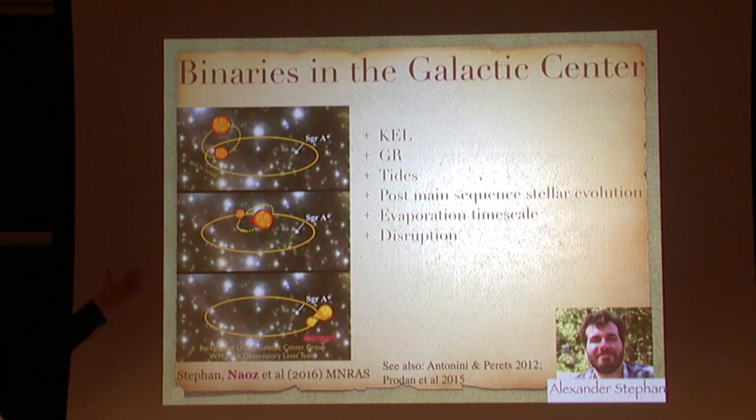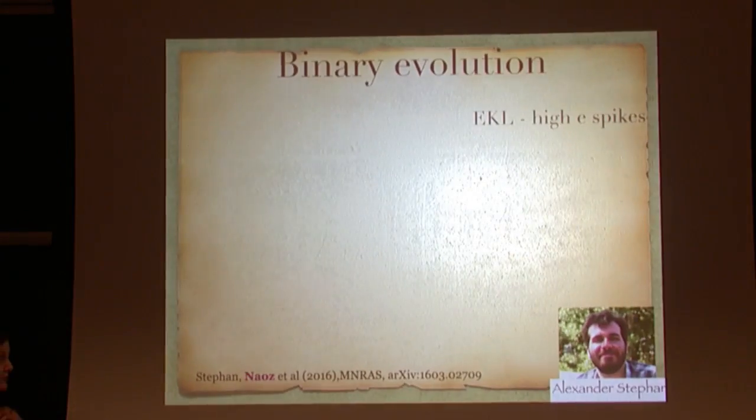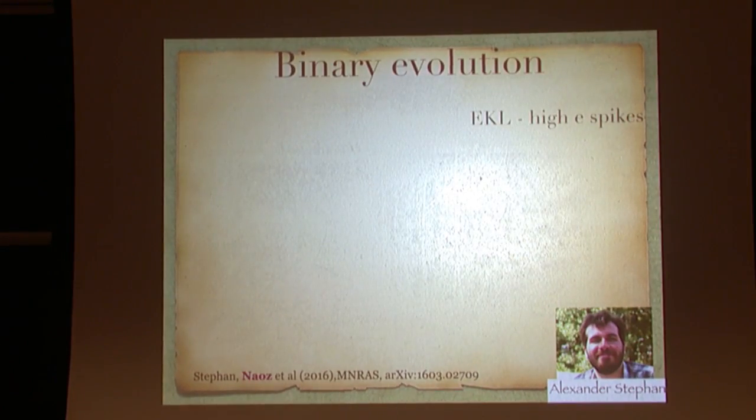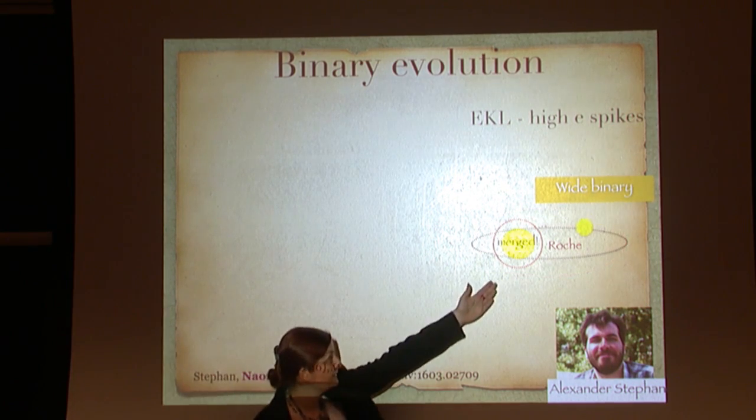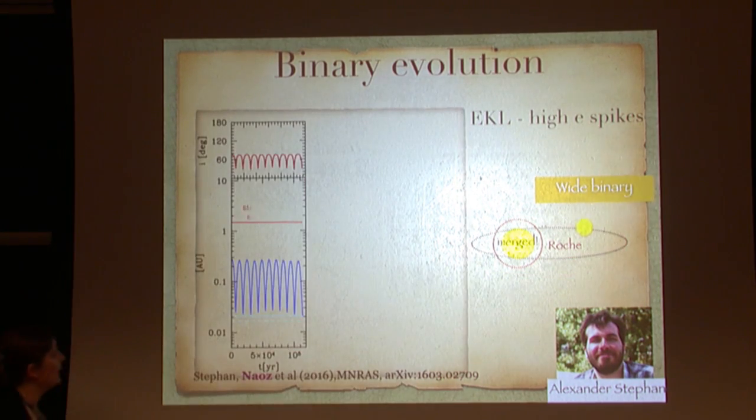And basically, this illustrates what is happening, but we found that there are three kinds of channels. The first channel is just a high eccentricity spike that leads to a crossing of the Roche limit, just like in this cartoon and in this plot. So here I'm showing inclination, separation, and this is time. And we can see here this is the Roche limit, and the binary members crossed each other's Roche limit.